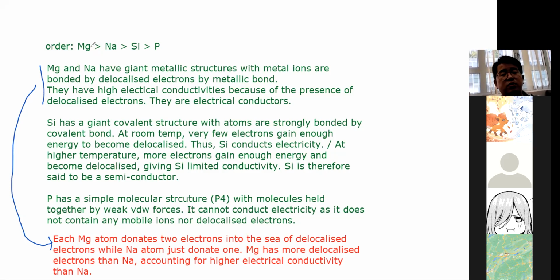Metal as a group, semi-metal as a group, and phosphorus as a group. And later on, the writing of red words follows because it will supplement the further comparison between magnesium and sodium in terms of electrical conductivity. Do you understand?